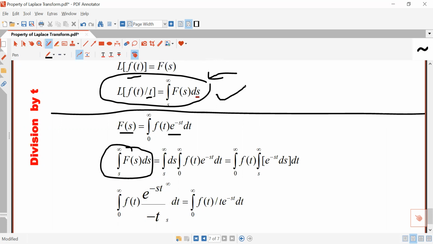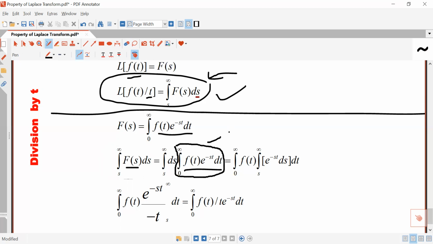You have to prove that this expression is equal to the Laplace transform of f(t) by t. So in place of F(s), you substitute its expression: the integration from 0 to infinity of f(t) e to the power minus st dt.